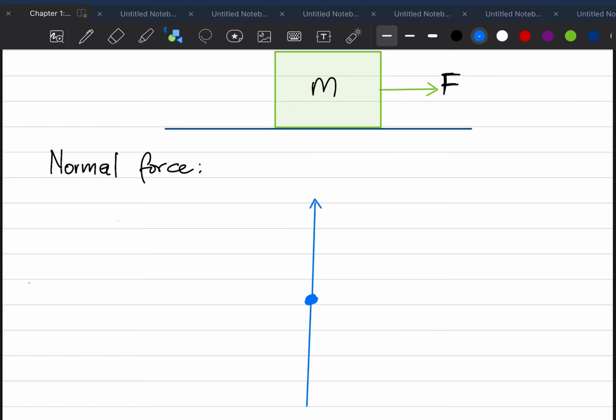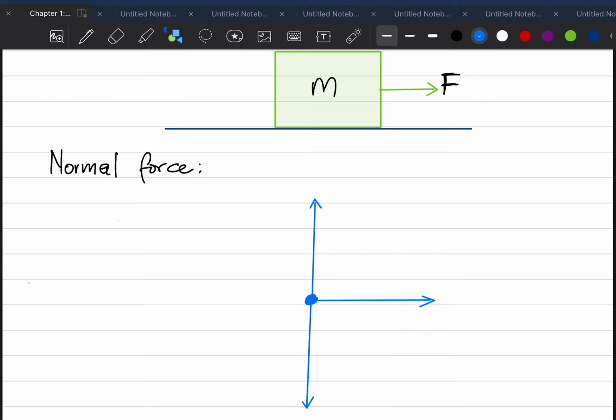I'll call this my weight. Then I'm gonna call this my force applied.